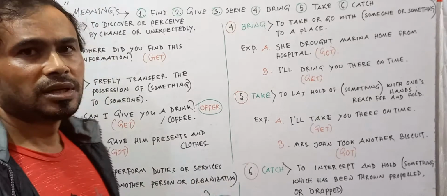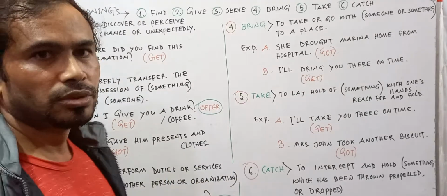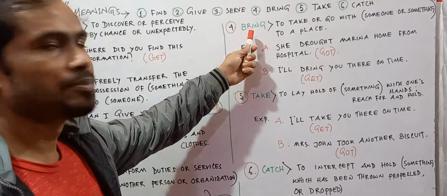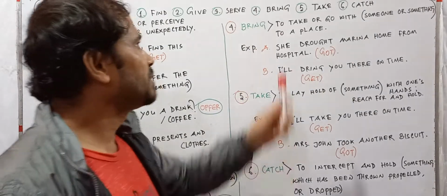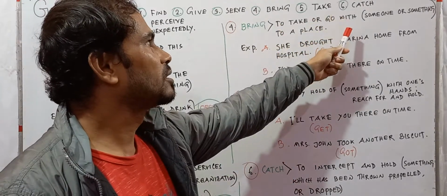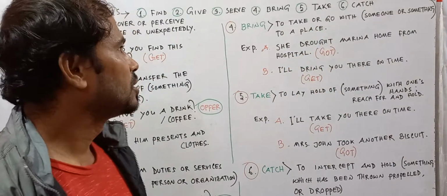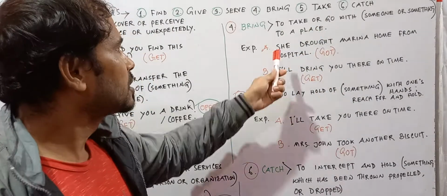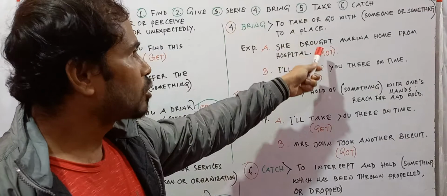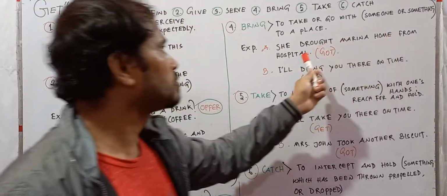So friends, let's move to another verb, which is bring. It means to take or go with someone or something to a place. Okay, so the first example is she brought Marina home from hospital.